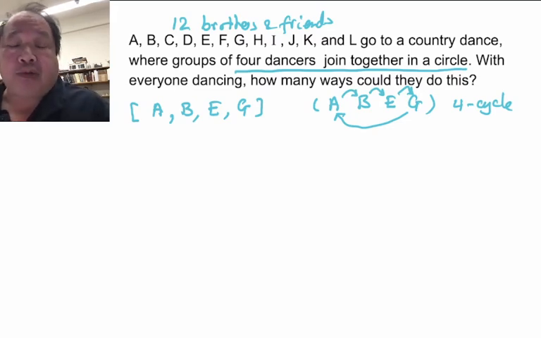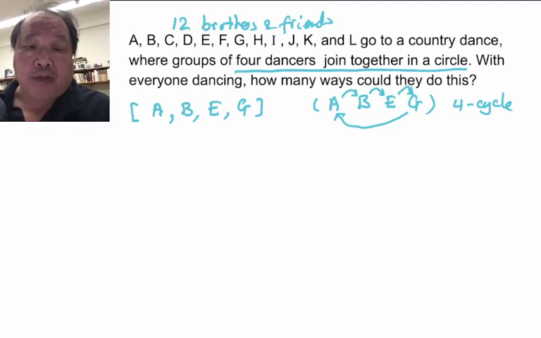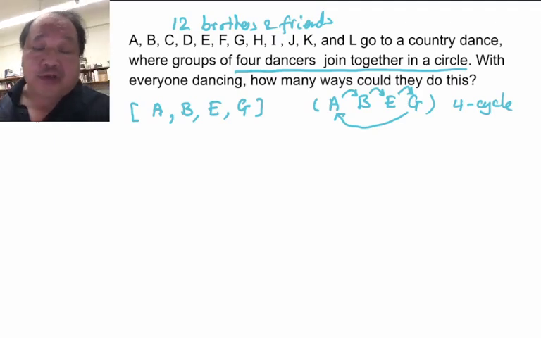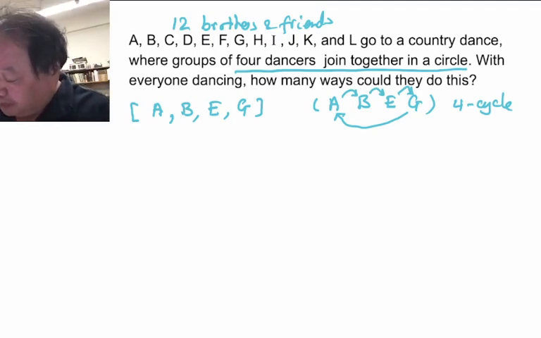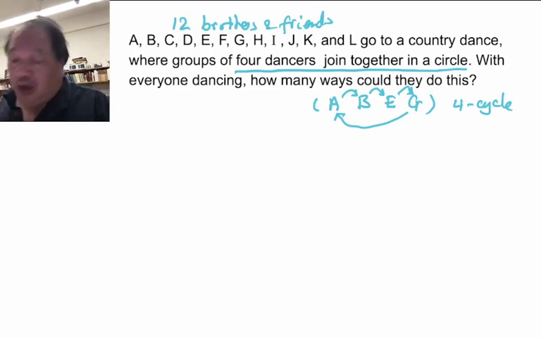So now that we know that we have 4 cycles in this problem, please pause the video and make further progress on solving this problem. Okay, so we have 3 4 cycles.